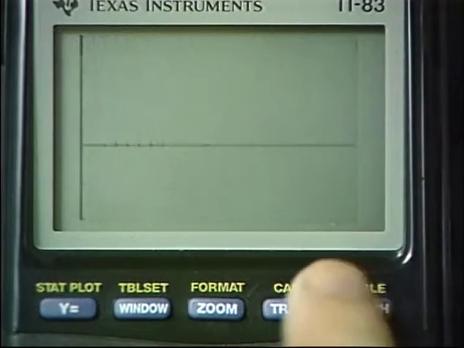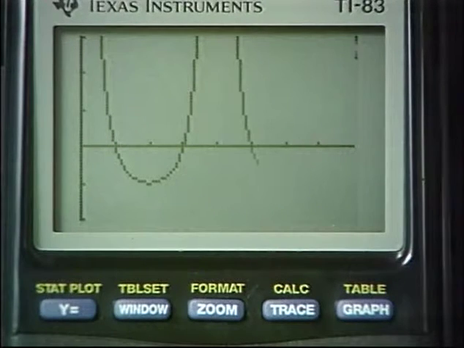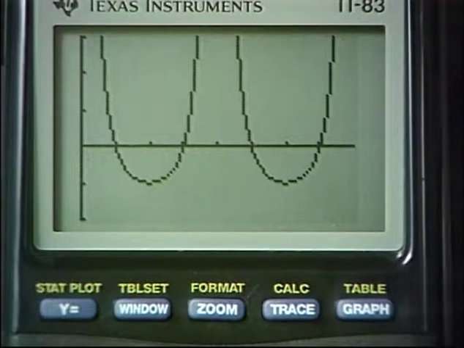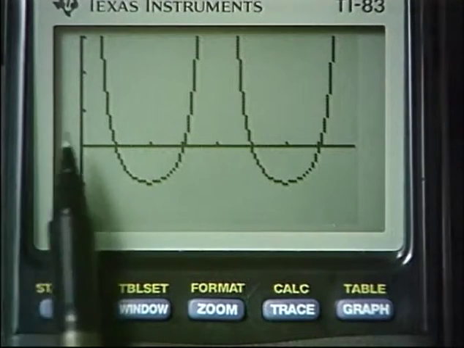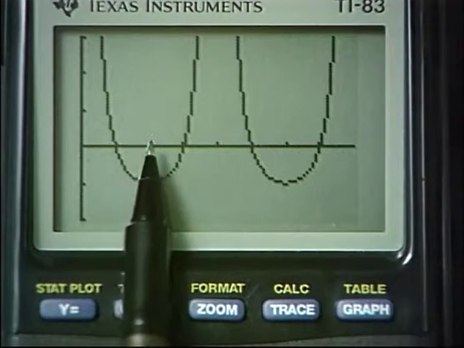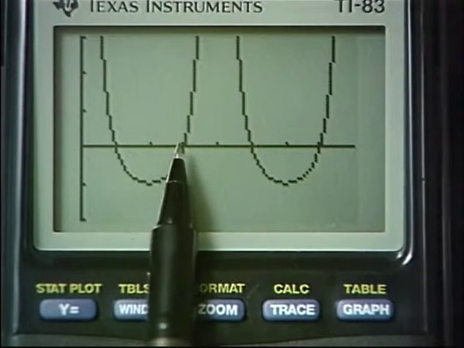Well, let's see. The graph then has this appearance, and we know that solution points are at x-intercepts. So we're just looking for the position of x-intercepts. Now remember, we're just going through one cycle here, 0 to 2 pi. So we have an intercept here at pi over 4. Here is a distance of pi over 4 also. Here's another distance of pi over 4.